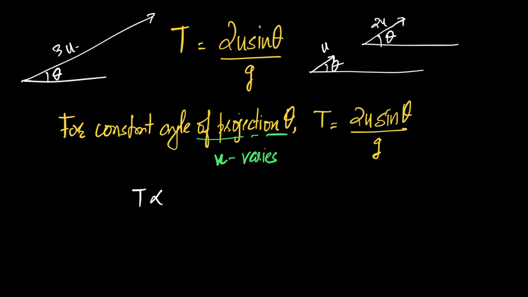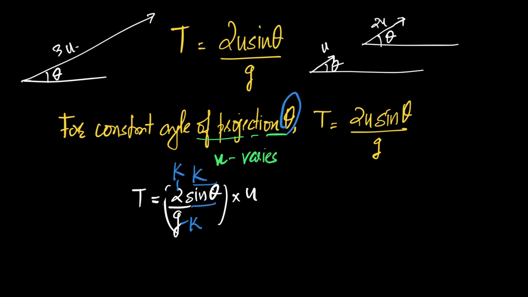In which case T is proportional to 2 by g into sine theta into u. Now, g is a constant, 2 is a constant. If theta is a constant, sine theta will also be a constant.